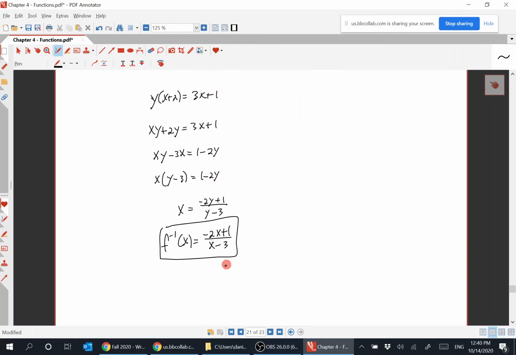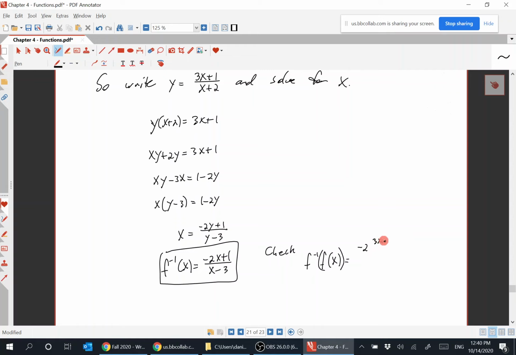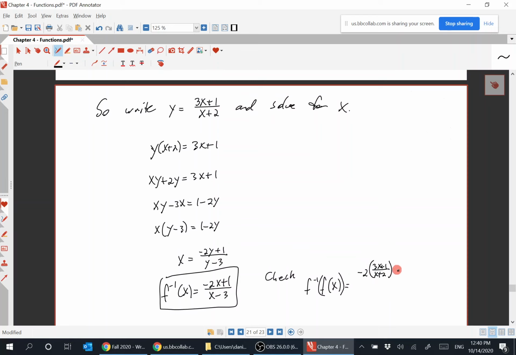So now let's check this. f inverse following f of x, that's minus 2 times (3x plus 1) over (x plus 2), plus 1, over (3x plus 1) over (x plus 2) minus 3.